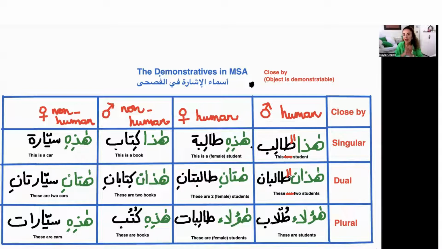By adding the article, we're changing it from a nominal sentence to just a part of a sentence, a demonstrative with a noun only. So these two students, هذان الطالبان.